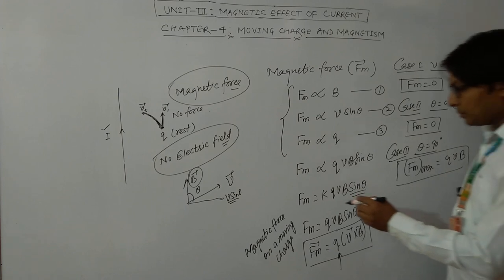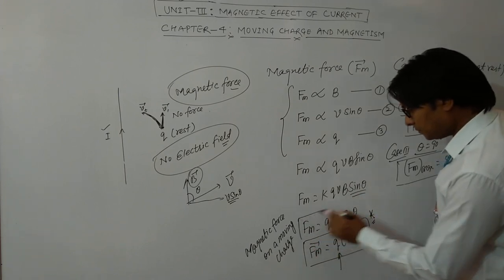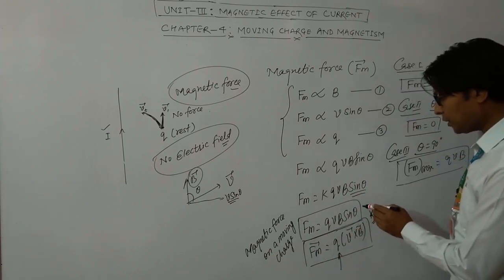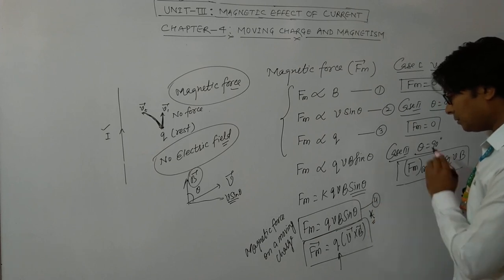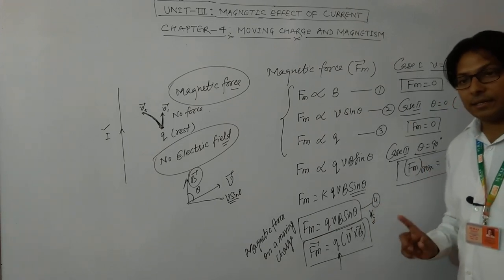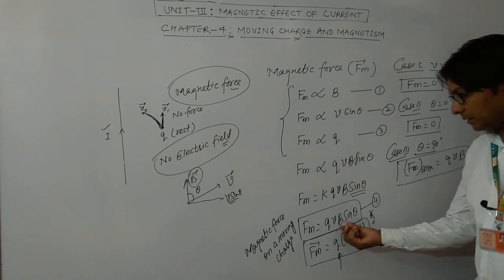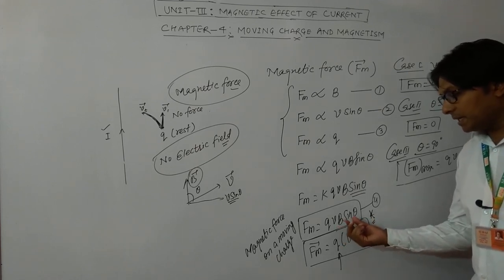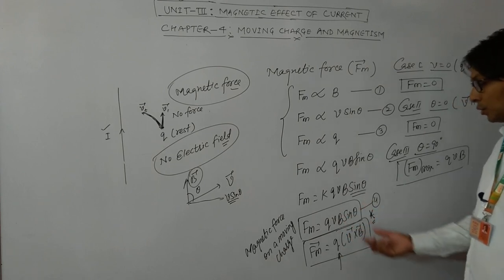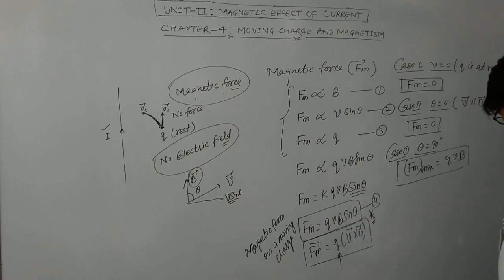So now from this equation we are going to define 1 Tesla, the unit of the magnetic field. We will define this magnetic field and derive the unit of the magnetic field also. So this is a very important formula.